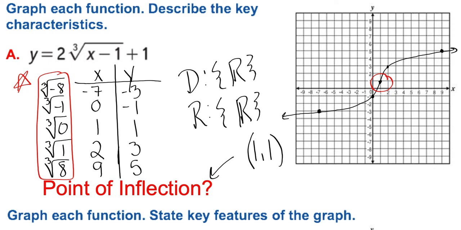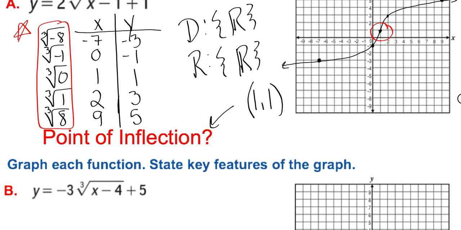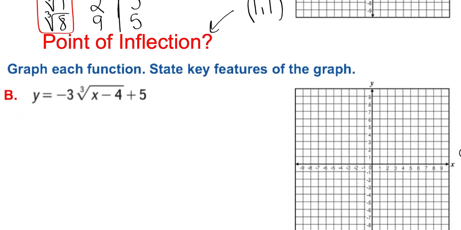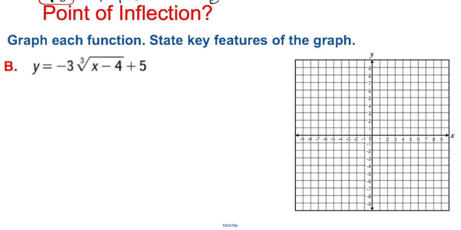We'll try one more of these and then call it a day. Okay? So pause the video, try to graph this one, and then come back to the video and see how it's done. Okay? So let's start off. XY chart. Cube roots.